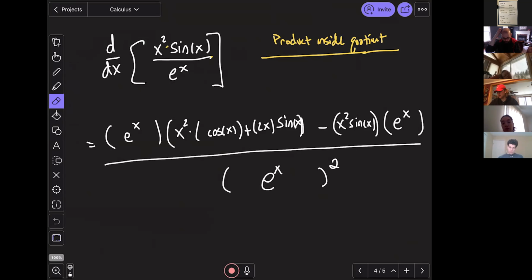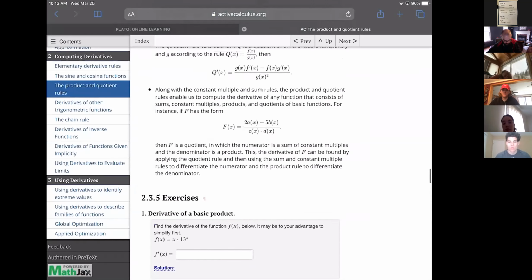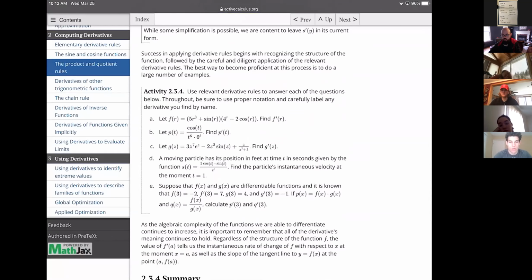All right, so you should be in pretty good shape if you want to start really working on the web work. And for next time, if you can, take some time over the next couple of days to think through this activity right here, activity 2.3.4.